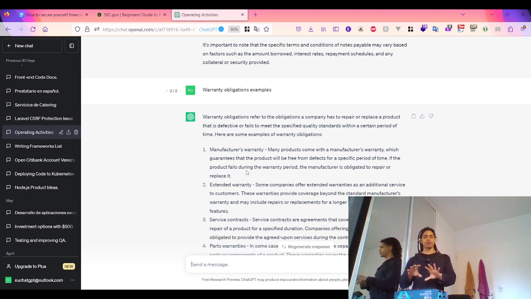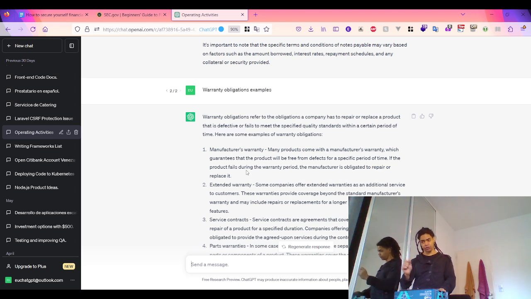So first it adjusts the net income for any non-cash items, so items that affect the income statement where there is no cash involved.